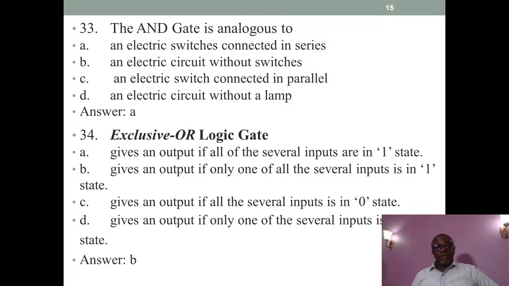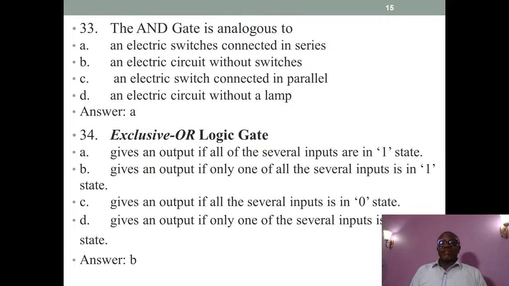All these are very important, because when you are given the truth table of any of them, it makes it easy for you to fill them if you know what each gate stands for. For exclusive OR, it gives an output if only one of the several inputs is in one state. When we were treating that, we drew an analogy: it is equivalent to having an automatic door that we open only when one person is at the entrance.